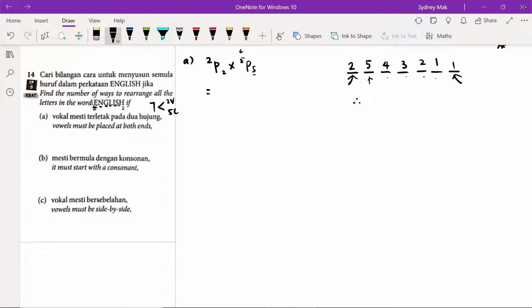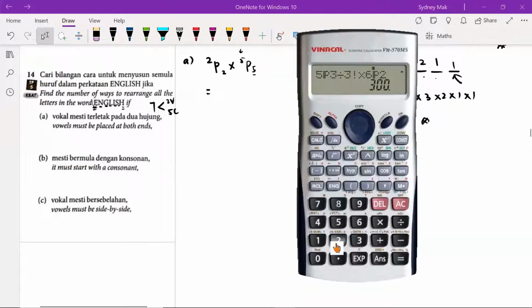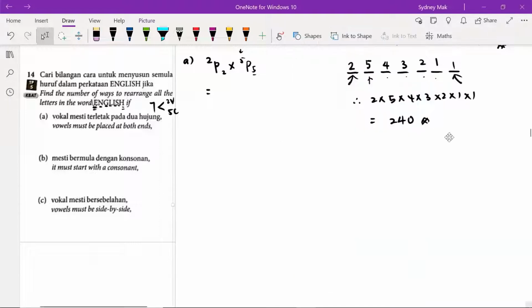Therefore, the number of ways to arrange will be 2 times 5 times 4 times 3 times 2 times 1 times 1. All in all, we have 240 ways. If we were to use the permutation notation, let's try with the calculator: 2P2 times 5P5. 240, same as this, 240.